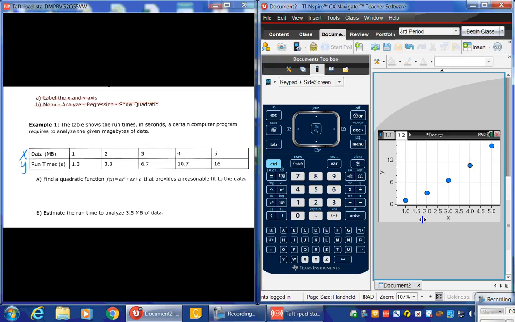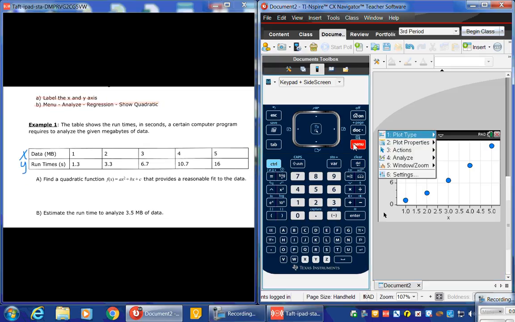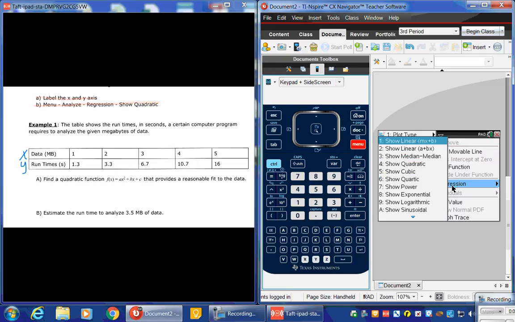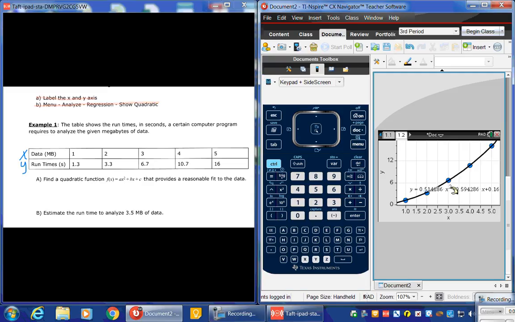So we're going to go to Menu, Analyze, Regression. I'm going to go to Show Quadratic. That's number 4. And there's our equation. So I'm going to go ahead and round everything to 2 decimal places.